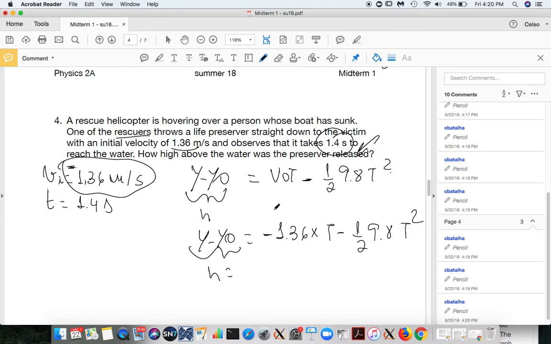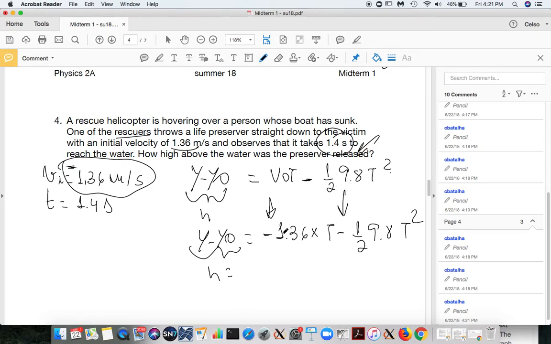So the initial velocity, since the life preserver is thrown down, means the velocity has the same direction as that of the acceleration, which is negative. That's why you have a negative sign here and a negative sign there.